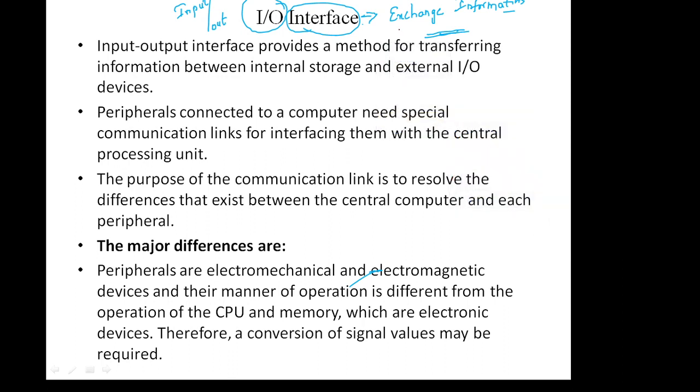So in order to exchange information, we need two devices. It may be a peripheral device, or a CPU, or a human, whatever it may be. In order to share the data between two, we need two devices. Here we have hardware interfaces and software interfaces.